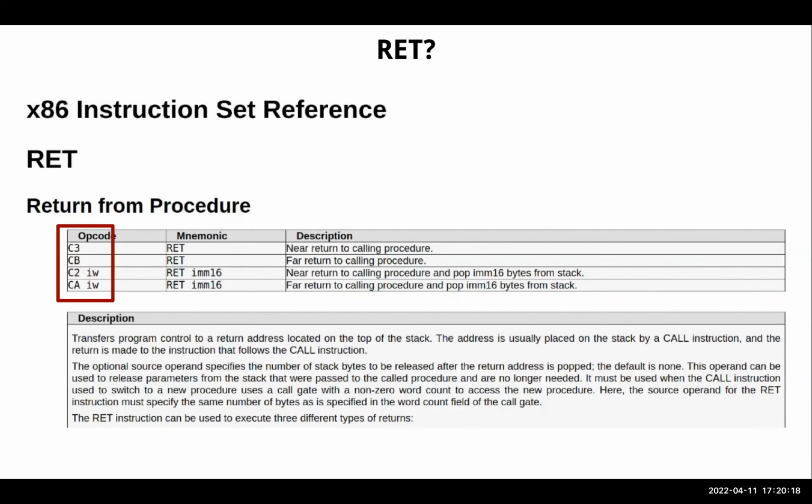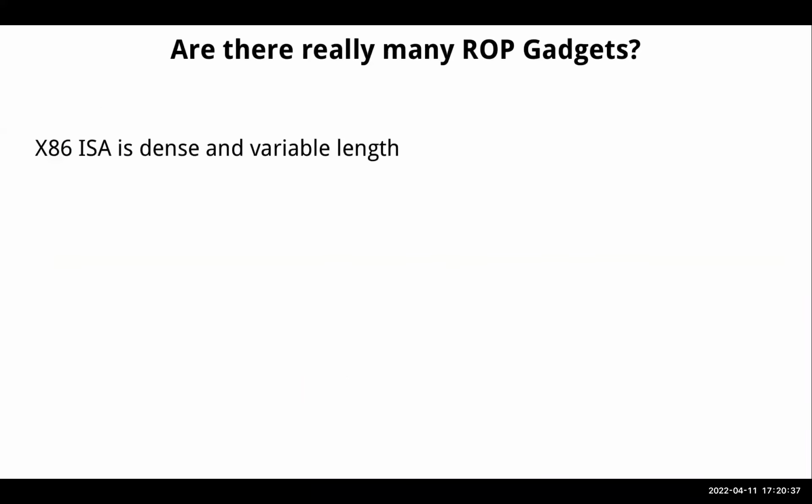But if we interpret the instruction not from the beginning, but from some other place, that C3 may be interpreted as a return instruction instead of the address or that number there. So it is not that difficult to find those gadgets in the memory.